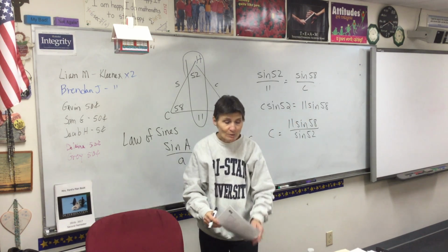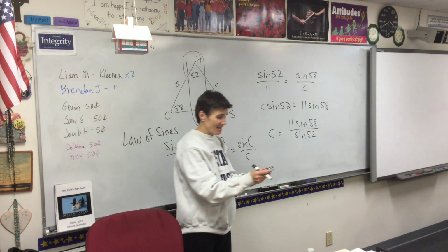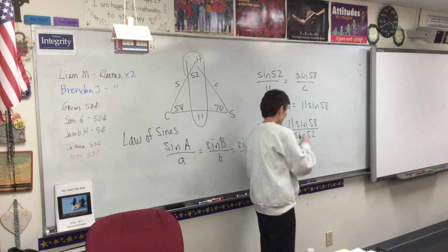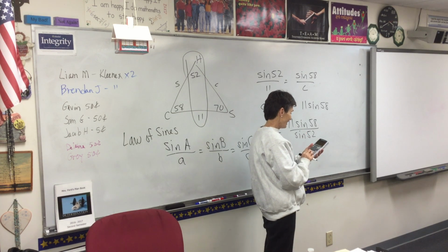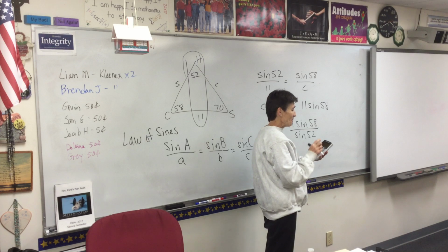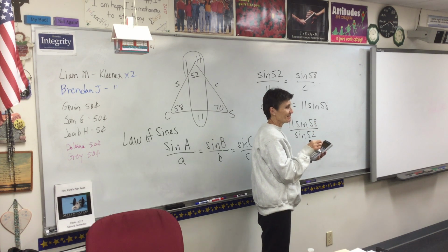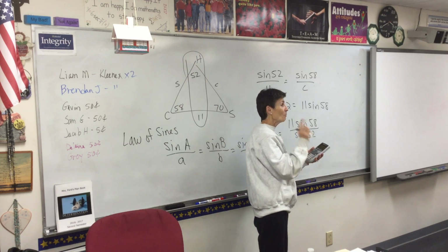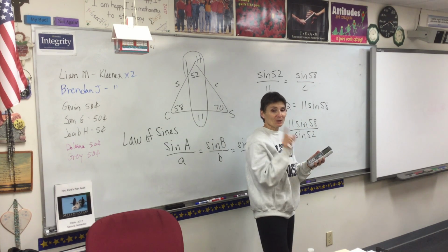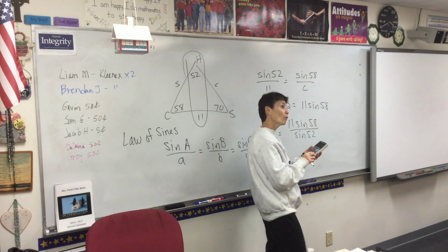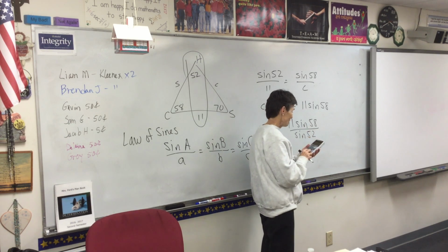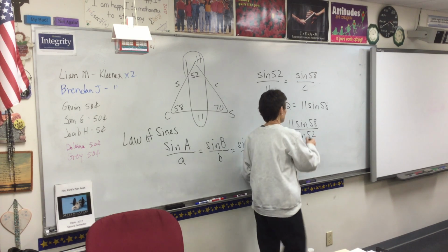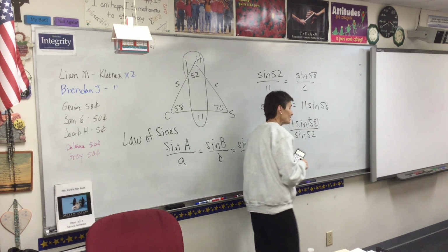Now, you're so sick of hearing me say this, but guess what's going to happen when I type this into my calculator? When I hit 11 sine, the minute you hit sine, it's going to put in a parenthesis, you're going to type 58. What are you going to have to remember to do? Close the parenthesis before you hit divided by sine 52. So it's just like with the logarithms, exactly the same thing.